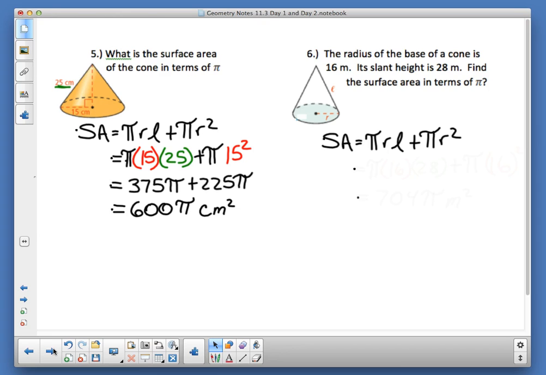Yes, nice job. Remember, after we do 6, we're doing 8. 8, I want both LA and SA, and 8 is great because we have to think about Pythagorean theorem and think how we'd use that for slant height.